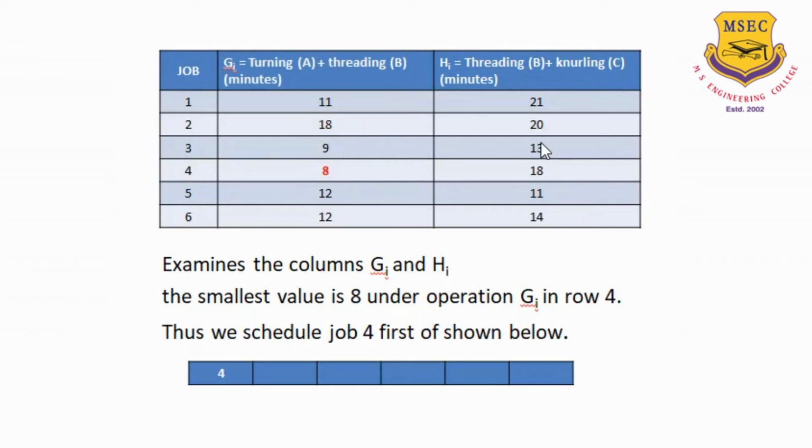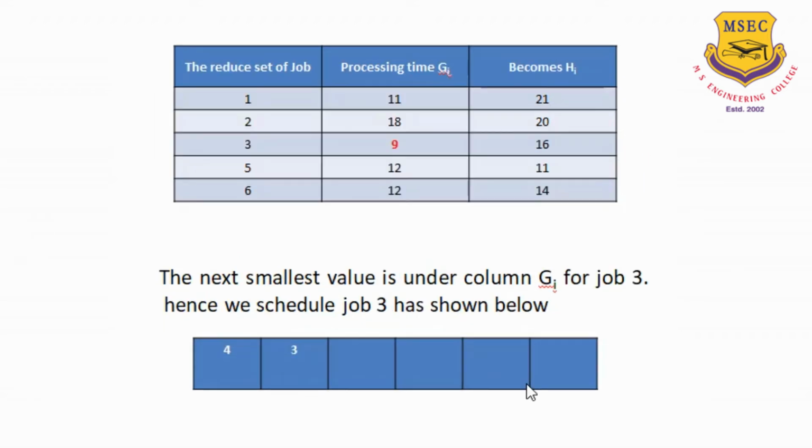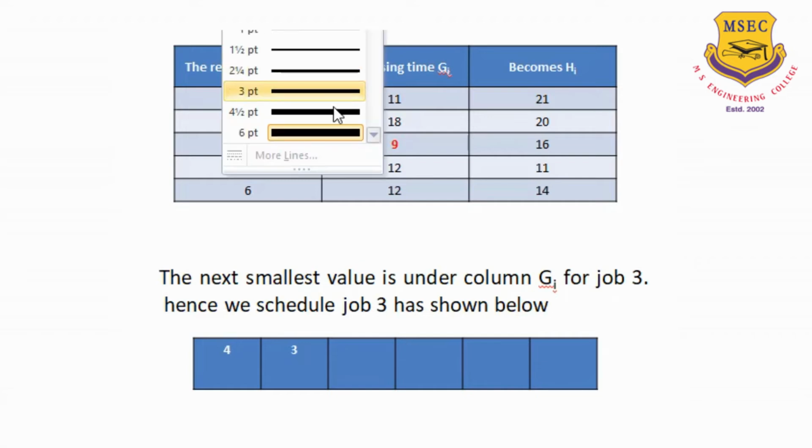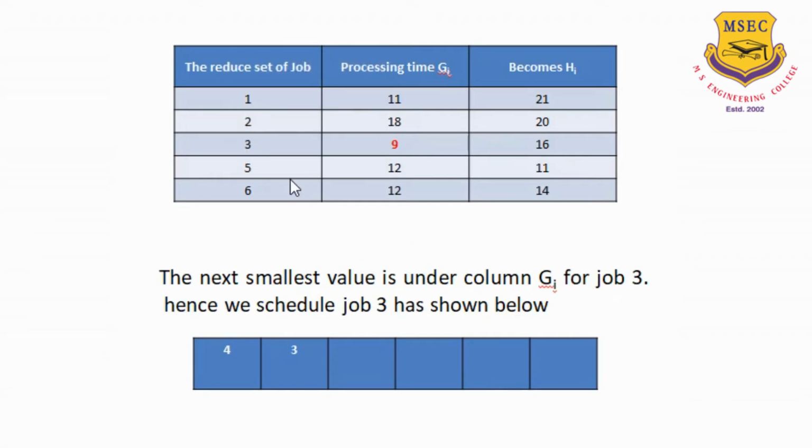In this particular table, the minimum occurs for job 4 on the G machine. So we start in this particular direction, that is for G. If the minimum occurs for G, we put the jobs in this direction. If the minimum occurs for H, we start the jobs from the other direction. So for the fourth job we have the minimum 8, therefore we write the fourth job here. Next, the minimum is 9 and that occurs for the third job, so we write the third job here.